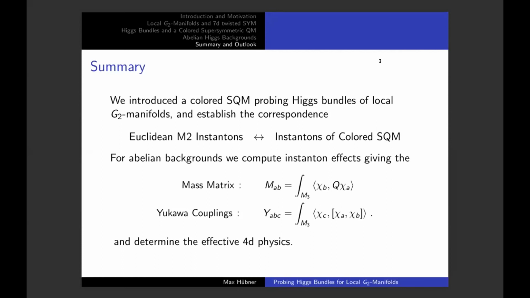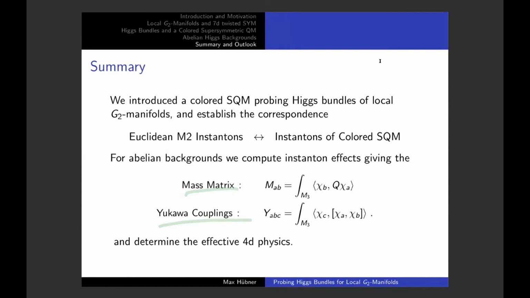And one can make the non-perturbative effects in this compactification explicit. And because these non-perturbative effects in the 7-dimensional super Yang-Mills theory originate from M2-brane instantons, we find the following correspondence between the Euclidean M2 instantons and the instantons of the colored supersymmetric quantum mechanics. This can be exploited computationally to compute these mass matrices and the Yukawa couplings and make statements about the 4-dimensional physics.